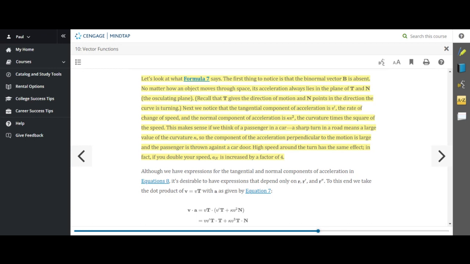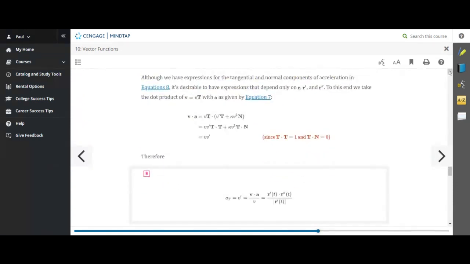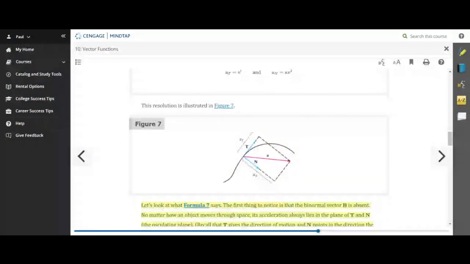The car is moving in the direction of the component of acceleration pointing along the normal vector. Okay, let me get that picture up. The component of the acceleration vector pointing in the direction of the normal vector means the car is moving in the direction of that normal vector, not all the way, but it's moving inward.